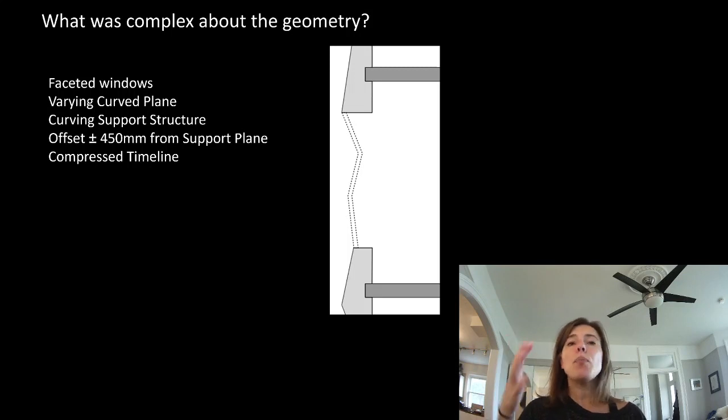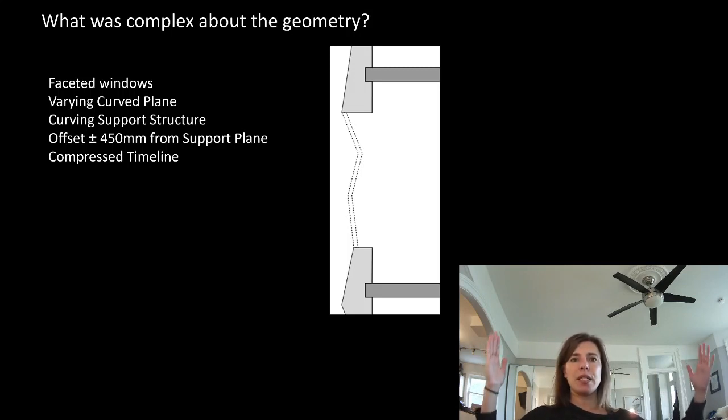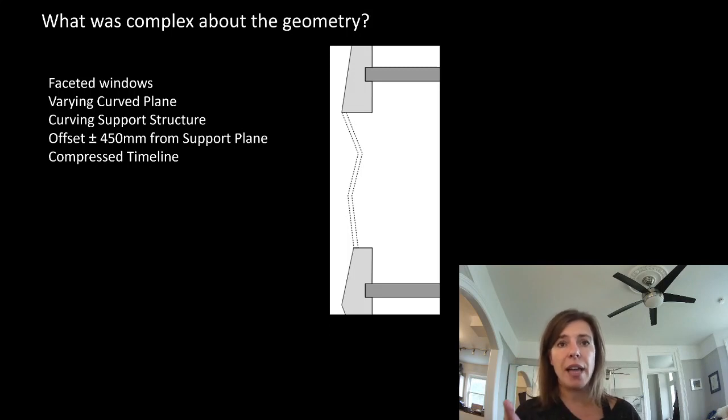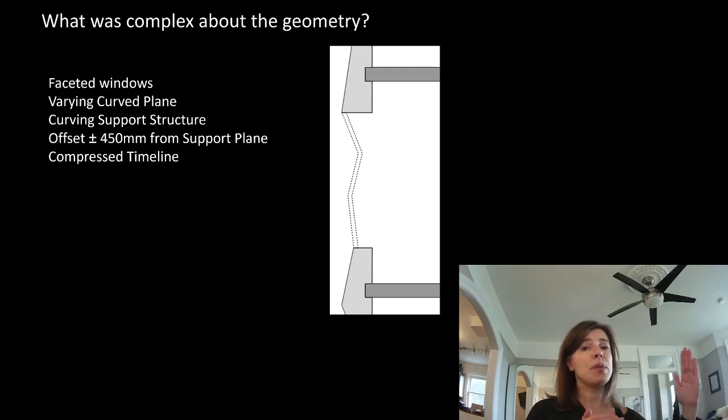Now, it was approximately 450 millimeters offset, which is a long distance. 450 millimeters is a far distance to have your surface relative to your edge. But you know that we live in a world with more insulation requirements to meet higher and higher R values. So you need a big exact gap there to kind of fit everything in. So we had a surface that was very much offset from our structure.